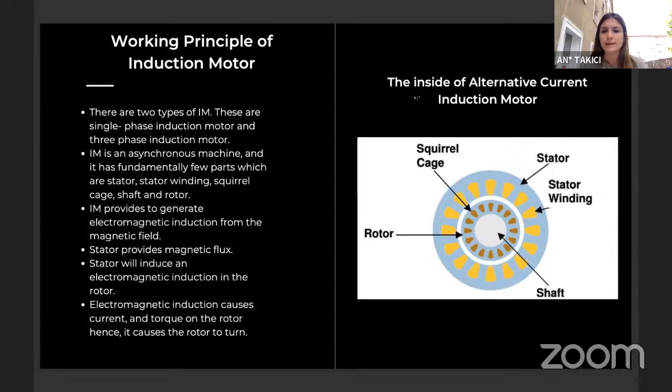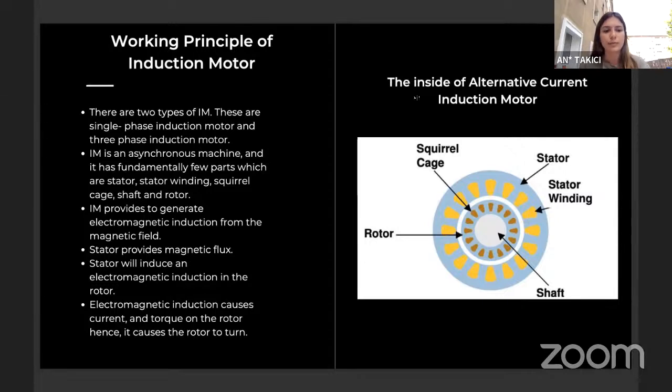The induction motor has many parts, which are the stator winding, squirrel cage, shaft, and rotor. And how does it work? The working principle is that the stator provides magnetic flux. Then, with the magnetic flux, it induces an electromagnetic induction in the rotor.